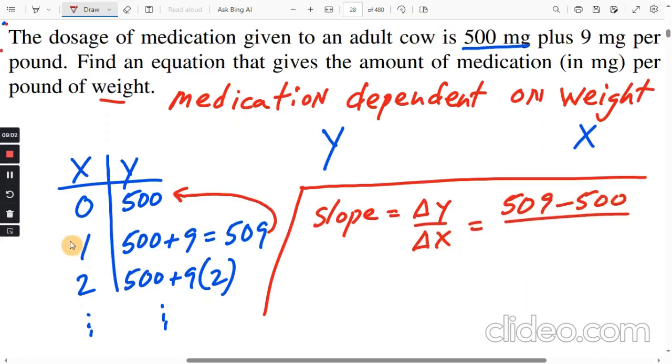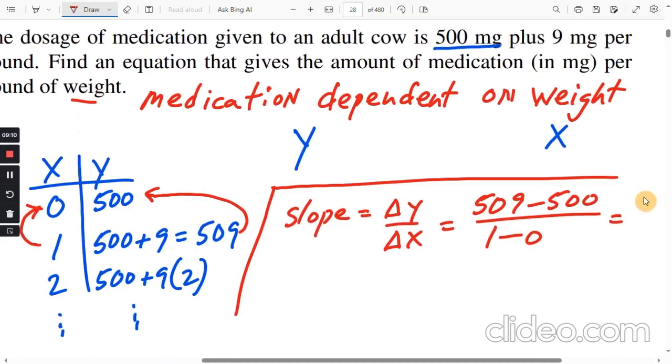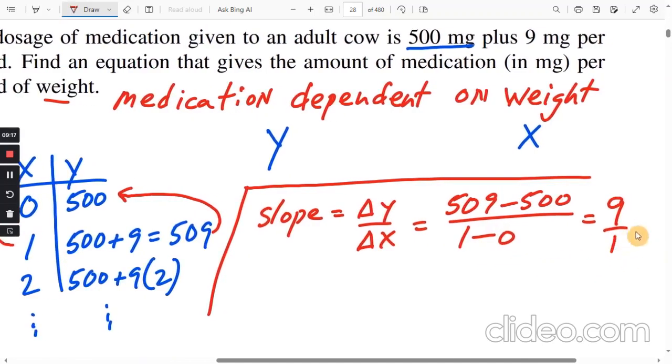Change in x, go the same way and subtract 1 minus 0. Okay, so 509 minus 500 is just 9. 1 minus 0 is just 1. You can put 9 over 1 if you want, but that's just 9, of course. I'll write it down here since I ran out of room.